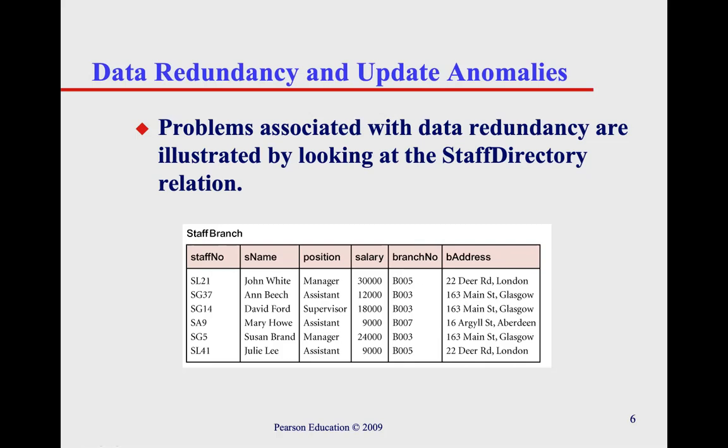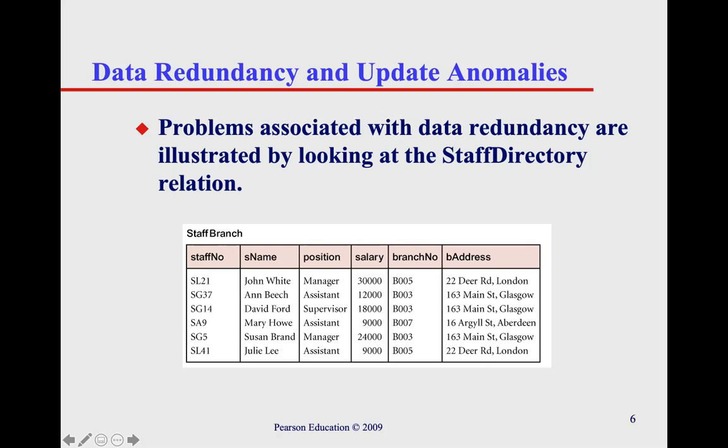And the problem is, if you look at what is the primary key for this directory, it turns out to be the staff number. That is the primary key, because it's really oriented toward keeping information about each staff member, and only secondarily is it concerned about the branch.